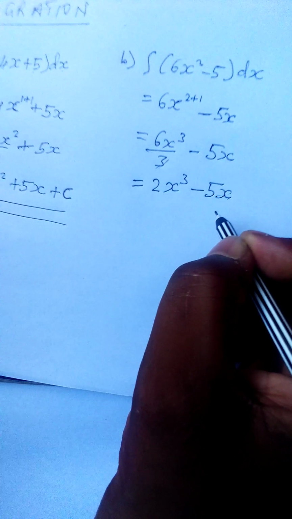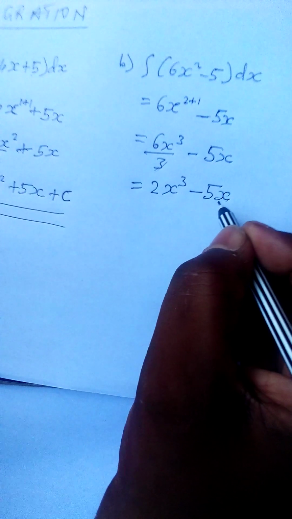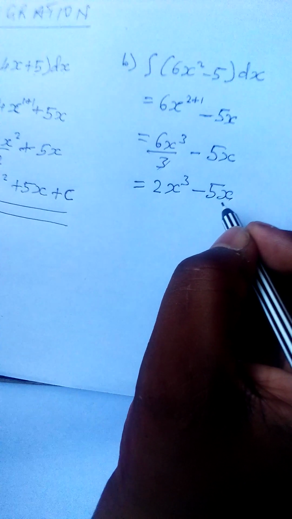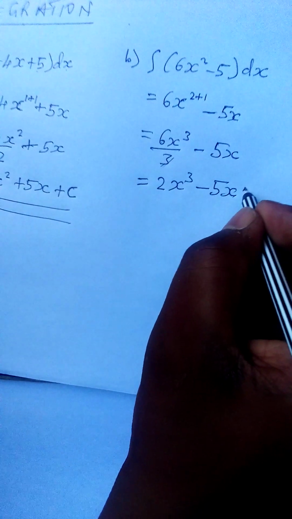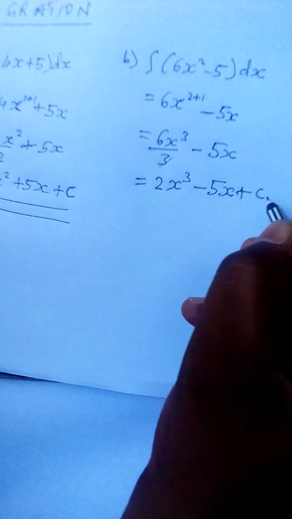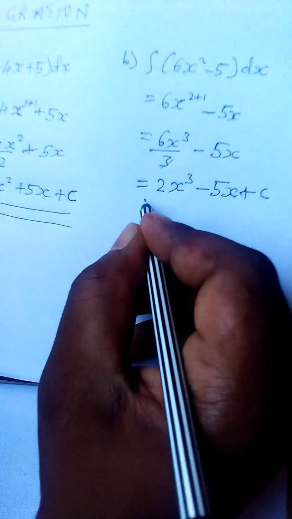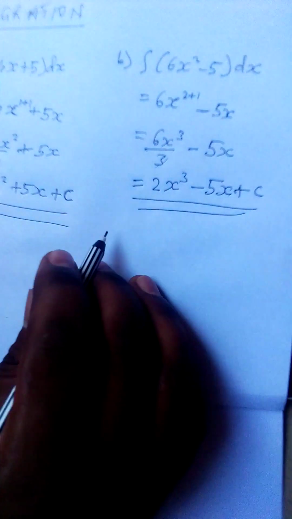What else are we supposed to add? On this equation, it's the constant. The constant will be denoted by the letter C. Hence the end of our example.